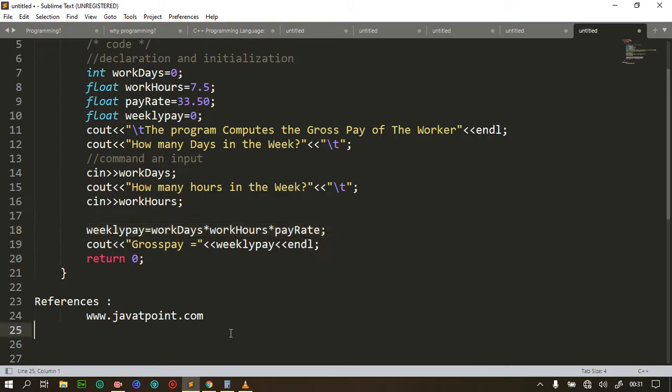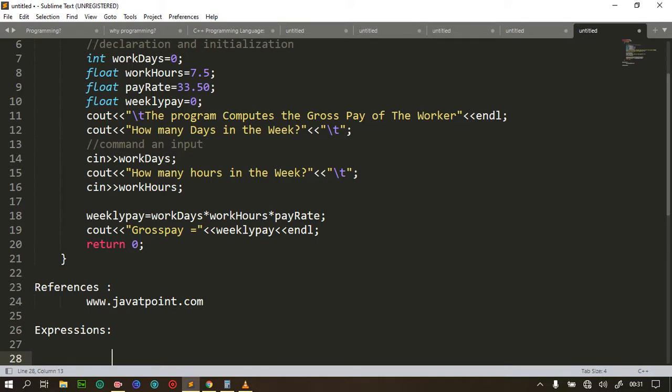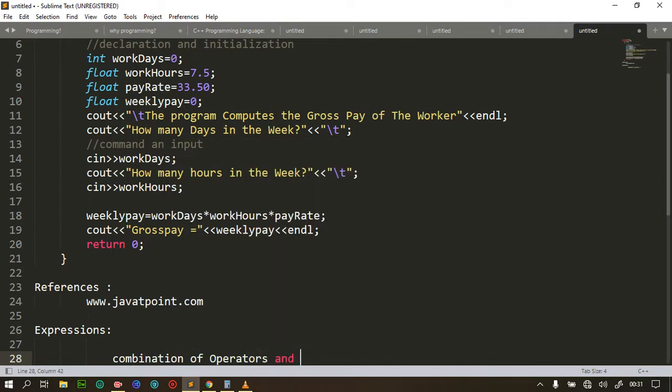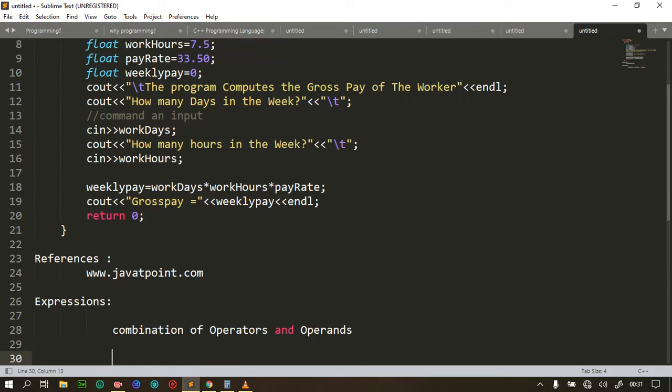Now in programming, those are called expressions. An expression is a combination of operators and operands.